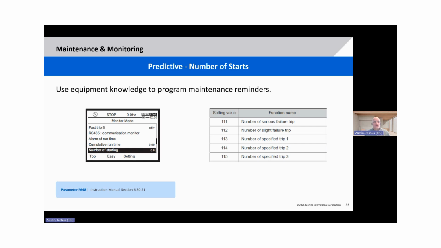So if you have maybe a punch press that needs servicing after every 1,000 starts, or maybe you have a lathe or something that needs to have machine maintenance after a certain number of starts, then this can be used as a predictive indication of when that maintenance needs to be performed. You can also track the number of trips that have occurred on the drive.